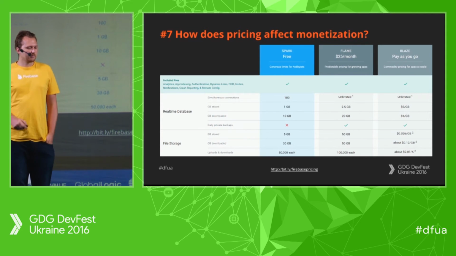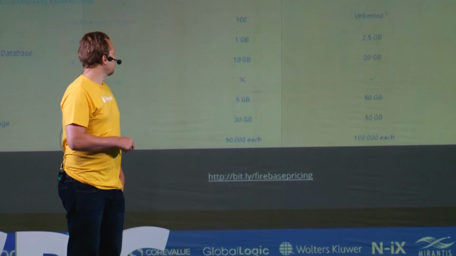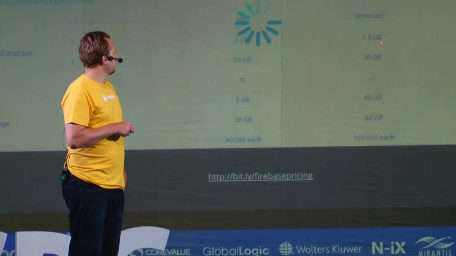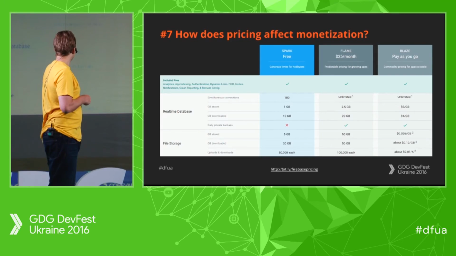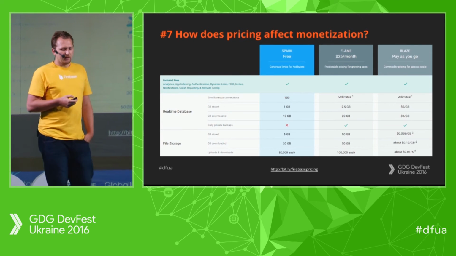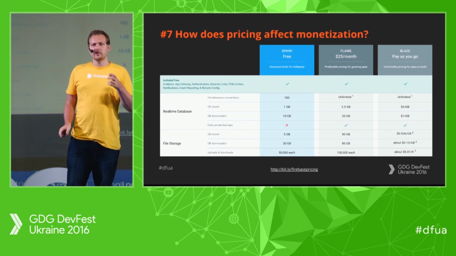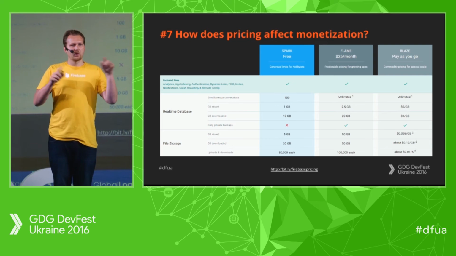You can all read this at home, but the most important number here is 2.5 gigabytes stored in real-time database. It's important that this number is not per month, but overall.